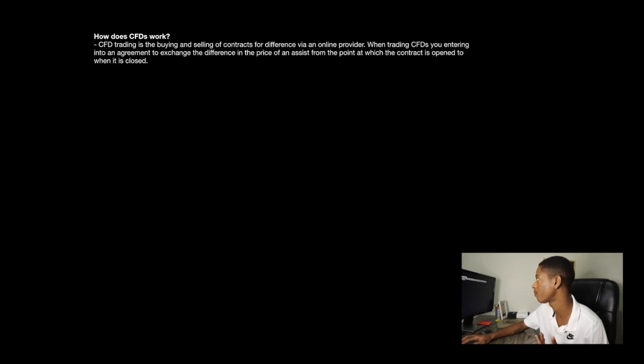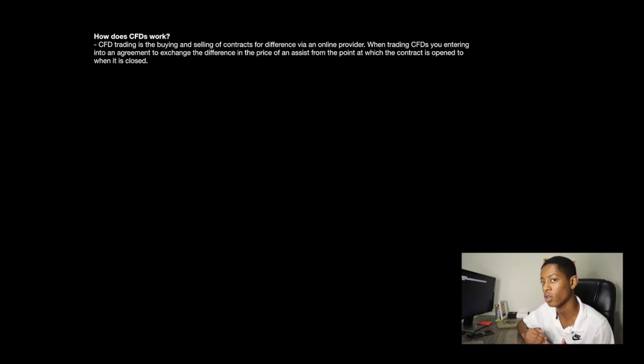Now let us take a look at how these CFDs work. It's very important for us to understand how these CFDs really work. CFD trading is buying and selling contracts for difference via an online provider, which you can basically call a broker. When trading CFDs, you're entering into an agreement to exchange the difference in the price of an asset from the point at which the contract is opened to when it is closed.